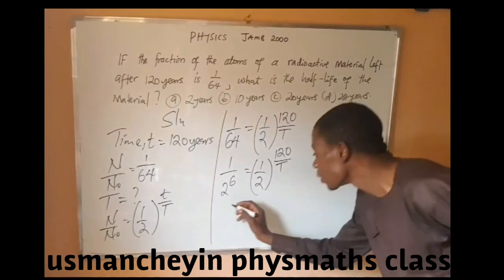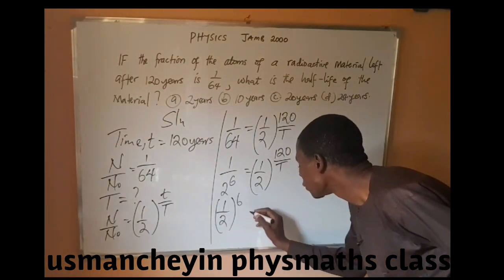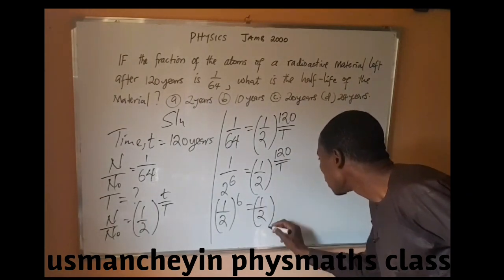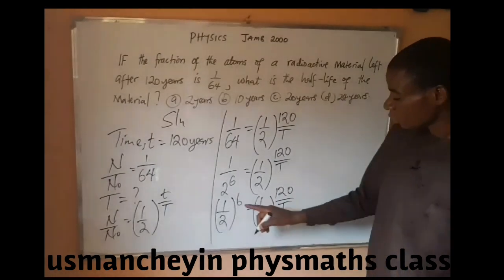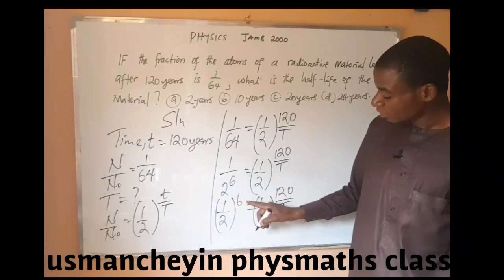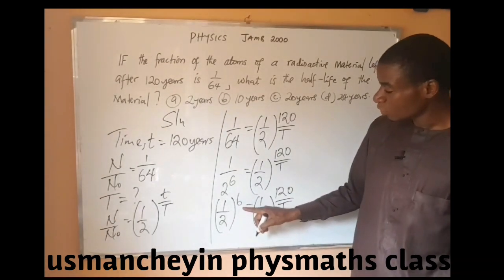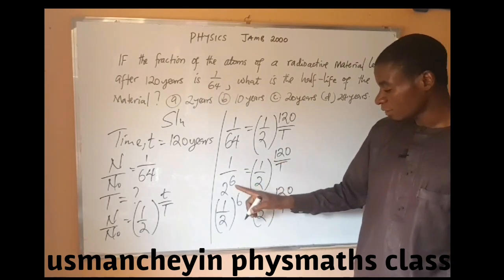Now, 1 raised to power 6 is the same thing as 1, and 2 raised to power 6 is equal to 64.